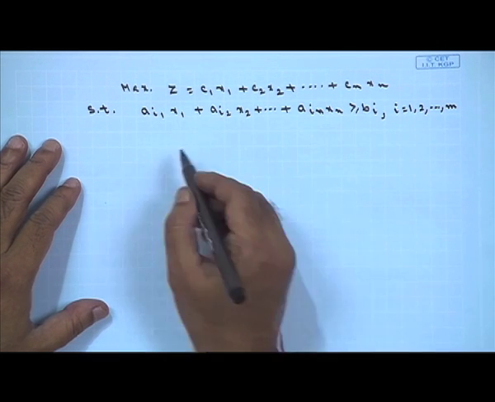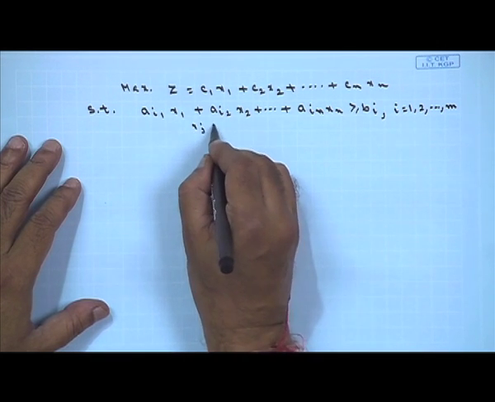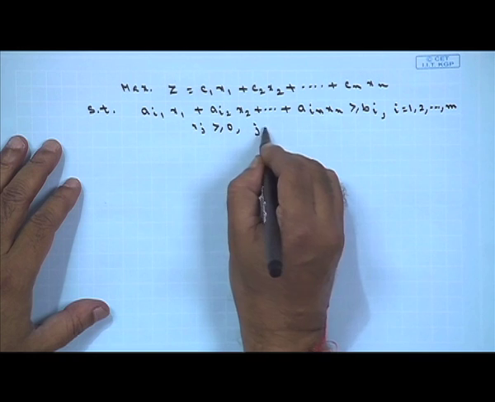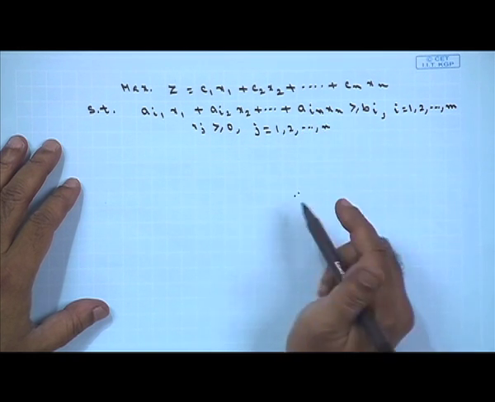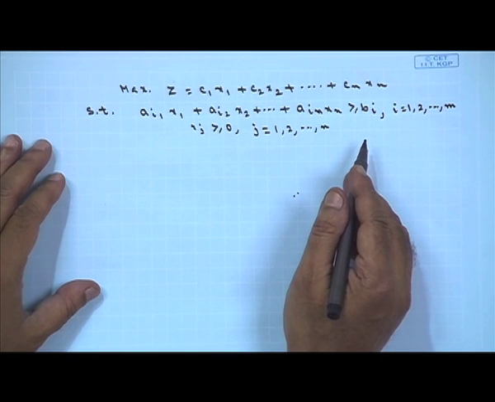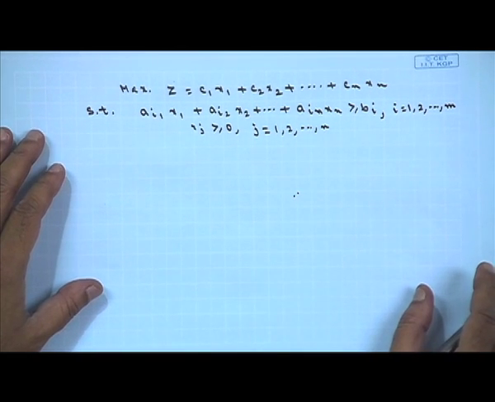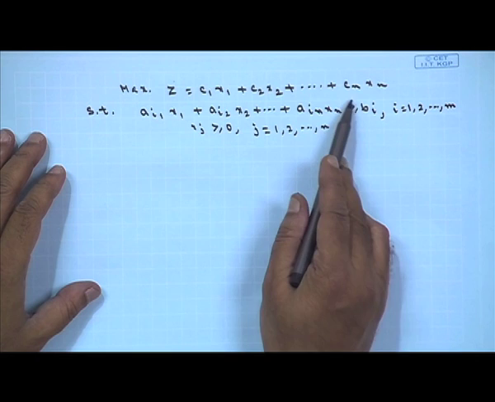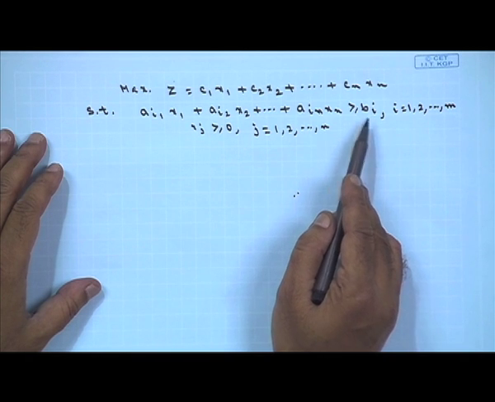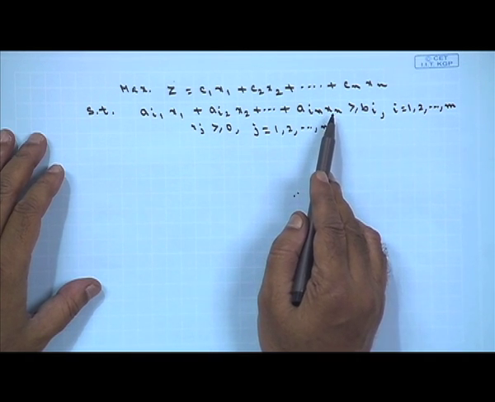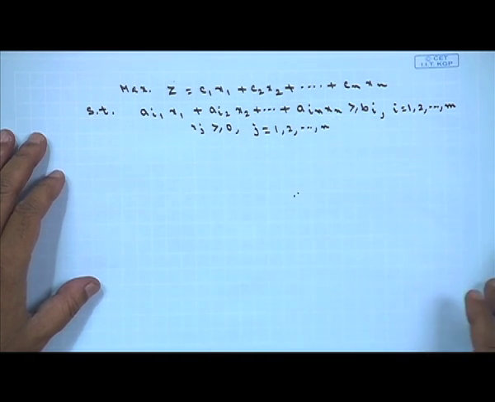And xj greater than or equals 0, where j equals 1 to n, that is, you have n decision variables and m constraints. So, what do I have to do here? To make all these m equations equalities, I have to add m artificial variables and m surplus variables.